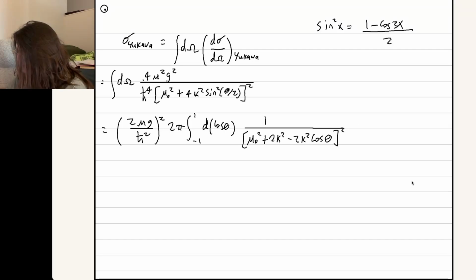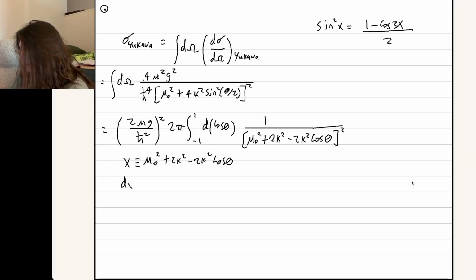So that's pretty awesome. Now I'm going to make a substitution where I define a variable x as being everything in the denominator. So that junk there, and then the derivative of that with respect to cosine theta is just minus 2k squared. And so, flipping the sign, bringing the 2 out of the square, we get minus 8 pi times this mu g over h bar squared.